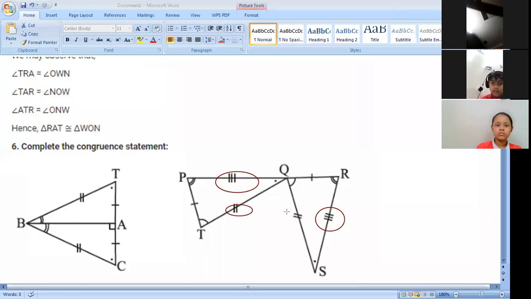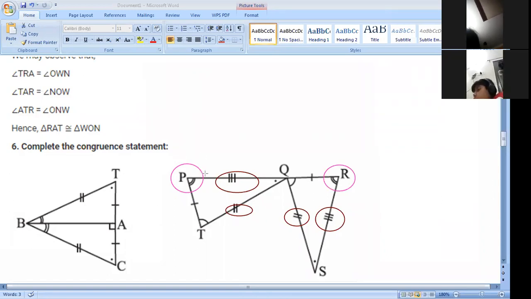And ma'am, angle TPQ is equal to angle QRS. Absolutely right. And ma'am, angle PTQ is equal to angle SQR.